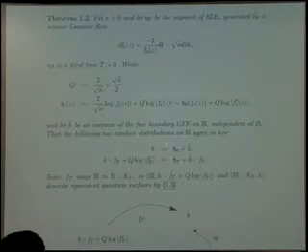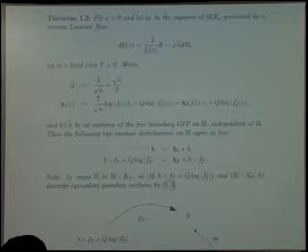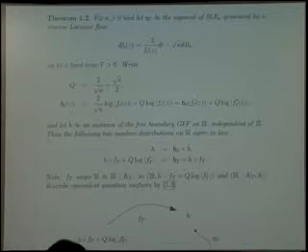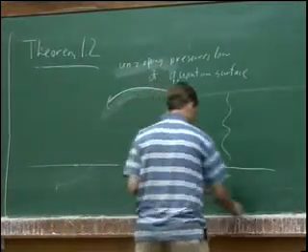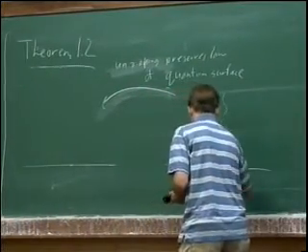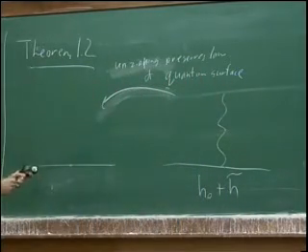One of them is I just take h0 plus h tilde. And the other is, well, maybe let me write this over on this side. It's the same law, but one is I just take h0 plus h tilde. That's one way of constructing a random surface.